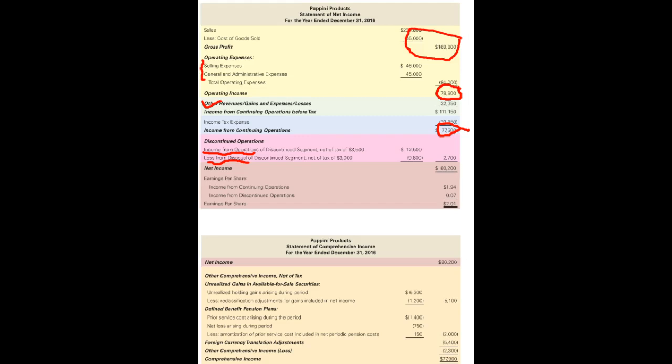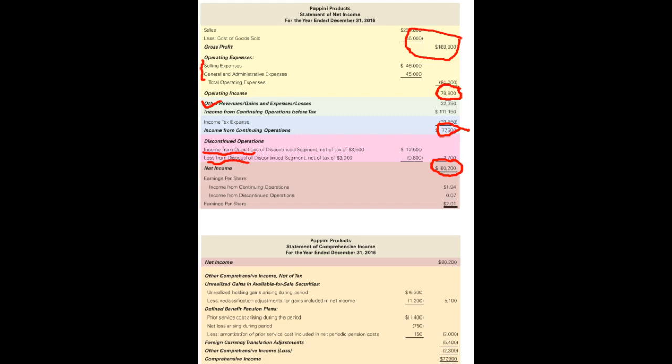So we aggregate those two together, and we have a net loss on discontinued operations net of tax of $2,700. That leaves us with net income. So what we've gone through is yellow is the operating, green is the non-operating, more peripheral, blue, income tax, pink is discontinued, and that gives us net income.